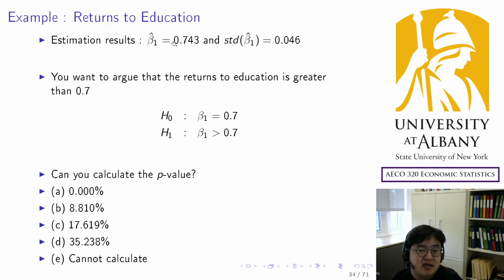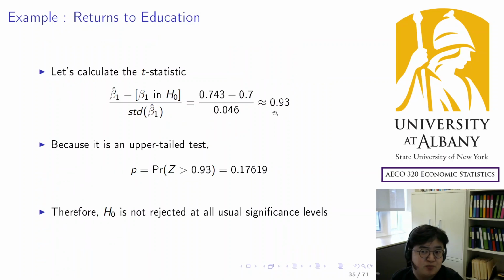The difference is 0.043. That is smaller than the standard error. That's why the t-stat is 0.9. Remember, this is usually compared to something like 1.96. So the difference is relatively small, so your belief is not rejected.